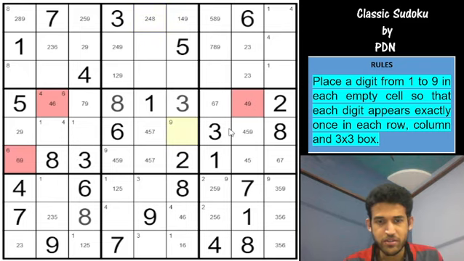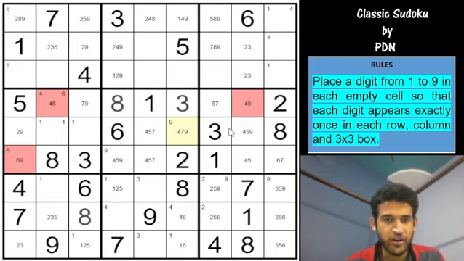Okay, this cell can only be 4, 7, 9. I guess I need to write candidates. Not sure to what extent it would be helpful. I feel there's something going on which I'm able to see.